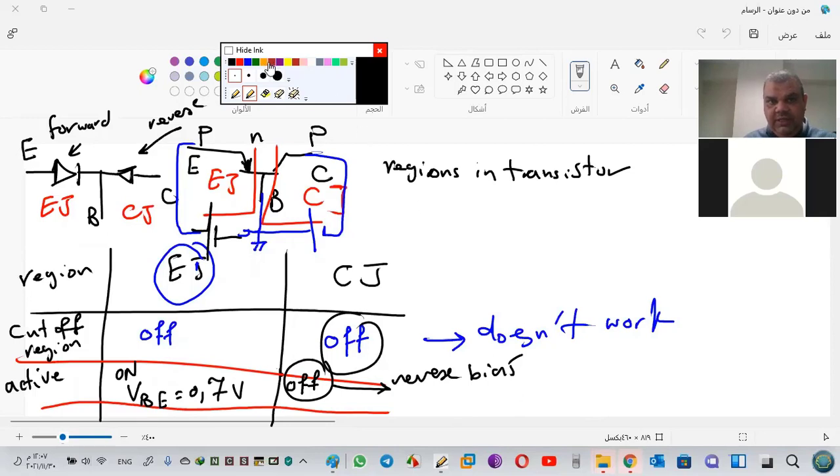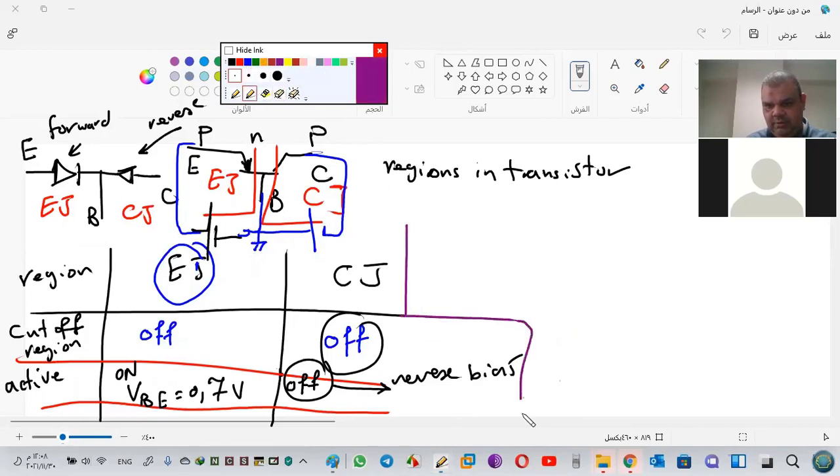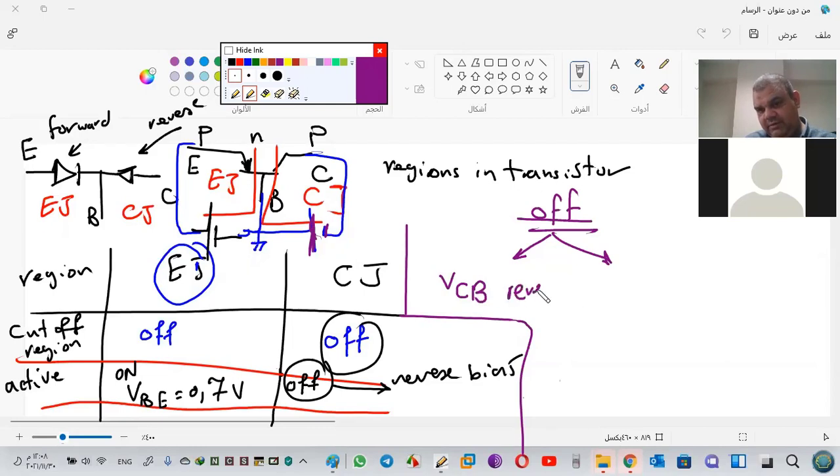Okay, what does off mean here, by the way? Off is two things. First of all, we have V_CB reverse. That means we are working in reverse bias.